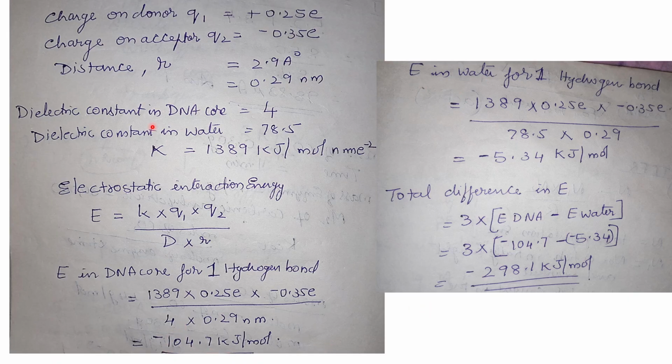Then the electrostatic interaction energy in water for 1 hydrogen bond: in water the dielectric constant is 78.5. Substitute that and you will get minus 5.34 kilojoule per mole. Then for the difference in energy, you have to multiply by 3, and you will get minus 298.1 kilojoule per mole.